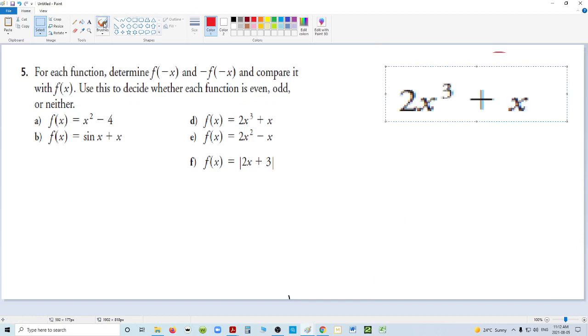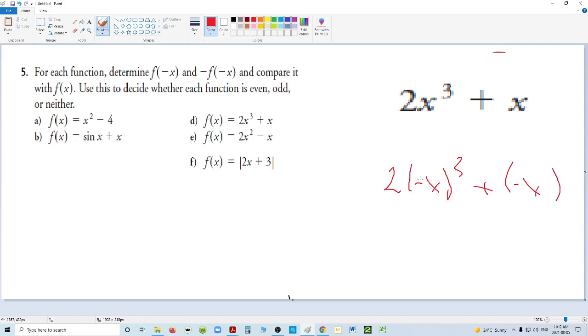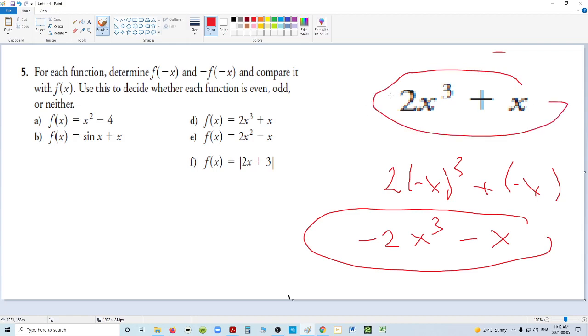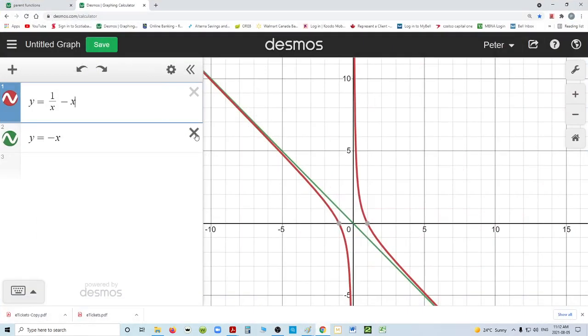So I'm going to replace my x with a negative plus minus x. And when this gets cubed, it doesn't disappear. It stays the same. So now that becomes minus 2x cubed minus x. Notice I have pretty much the same equation, except the symbols in front reversed, which is a sign that this is indeed an odd function.